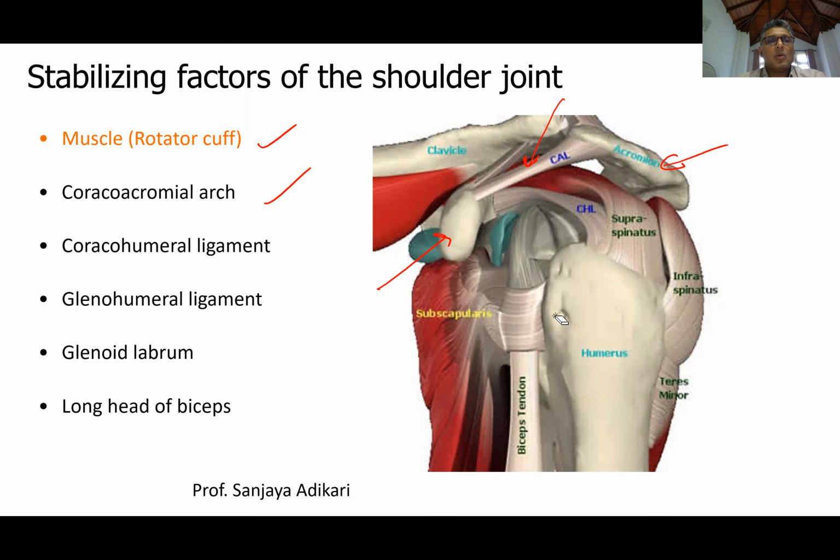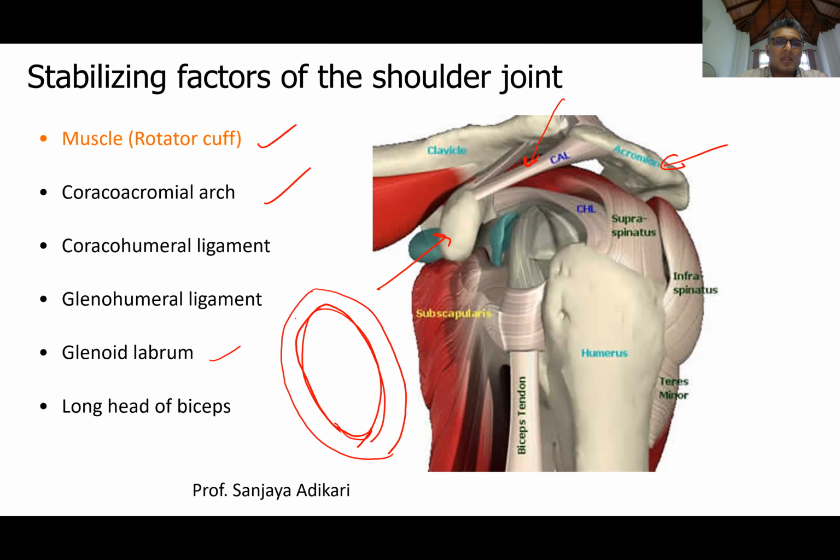Then you have glenohumeral ligaments. There are several of them. Then you have the glenoid labrum. This is the glenoid fossa of the bone, and it is strengthened by a fibrocartilage rim, which is called the glenoid labrum, which slightly deepens the glenoid cavity.